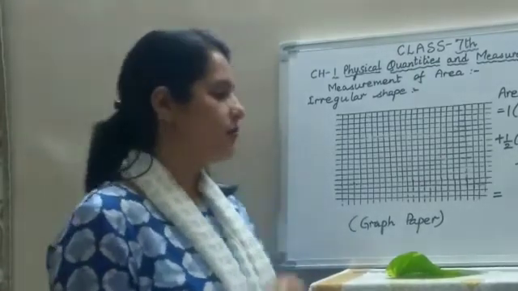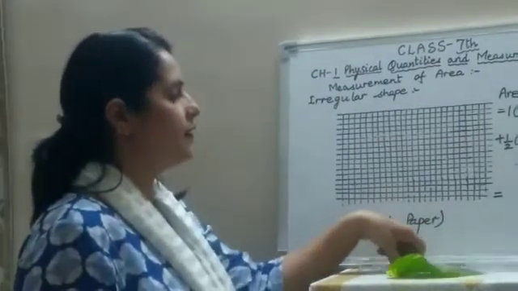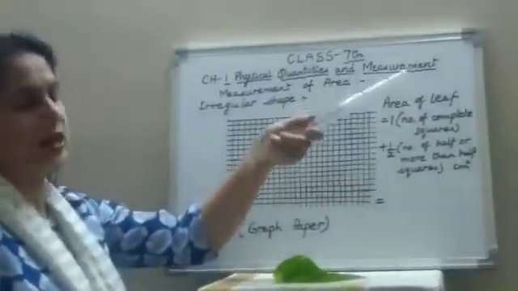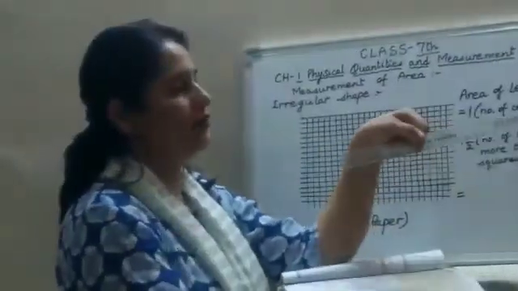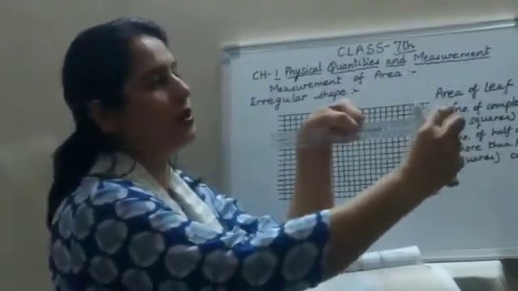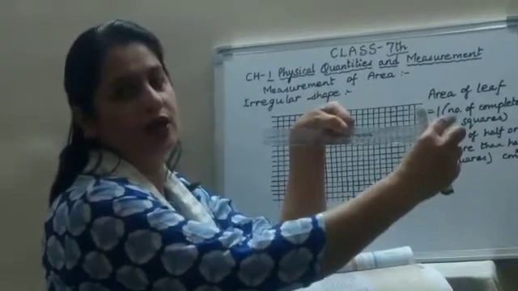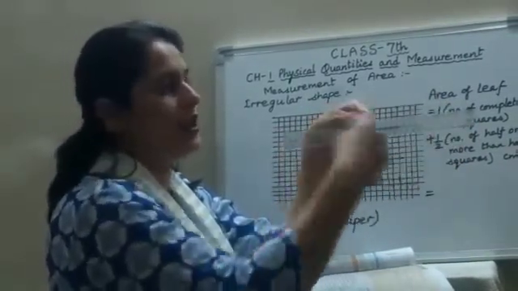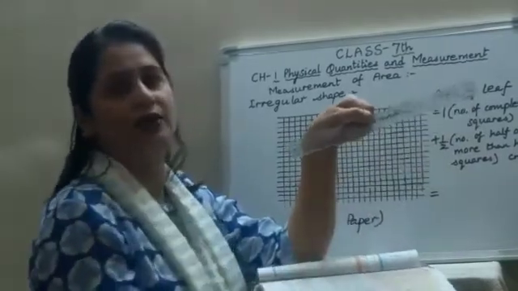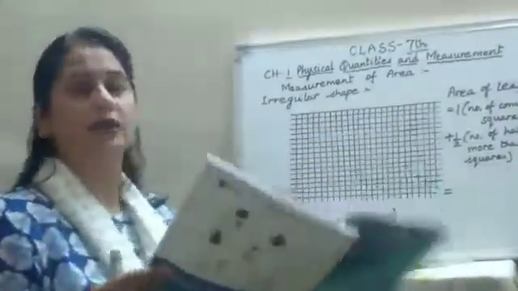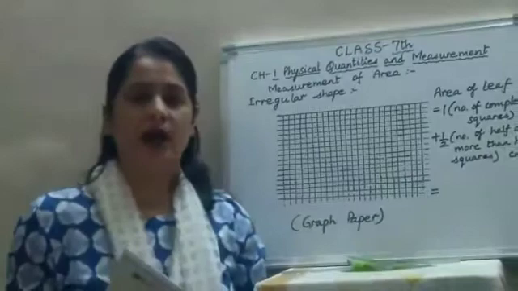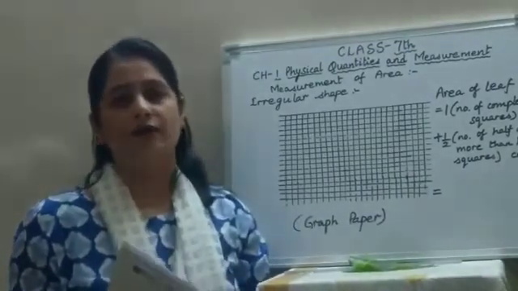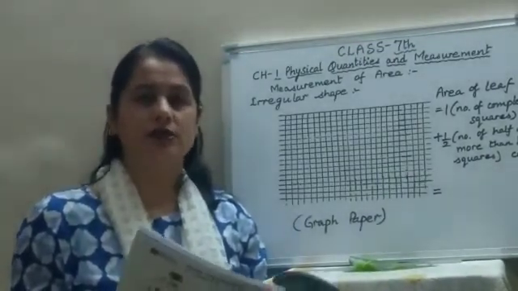Suppose you have to find the area of this scale. Then you can easily get the length of it, you can easily get the breadth or width of it, and you can multiply the length and breadth. You will get the area occupied by this scale. Similarly, the area of a circle is given by pi r square, where r is the radius of the circle.